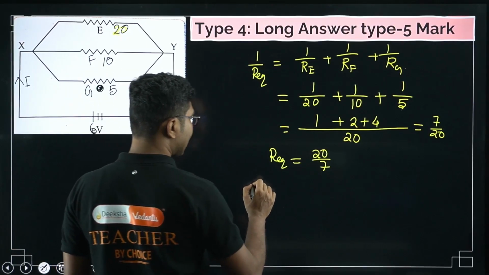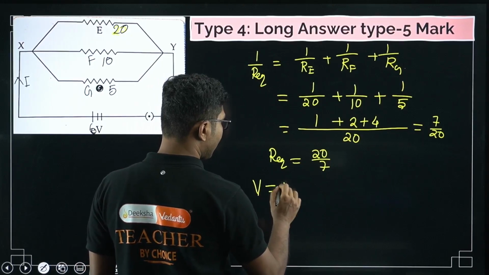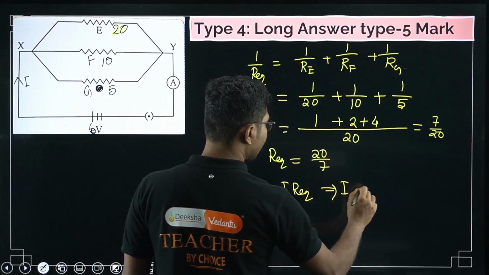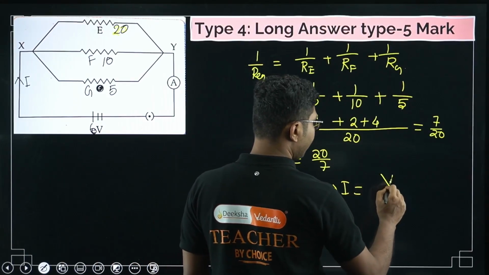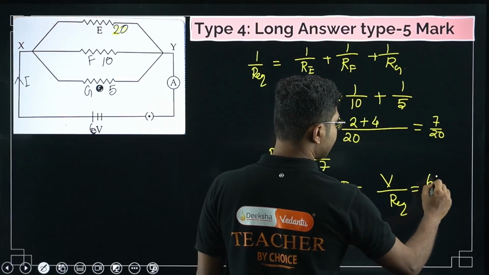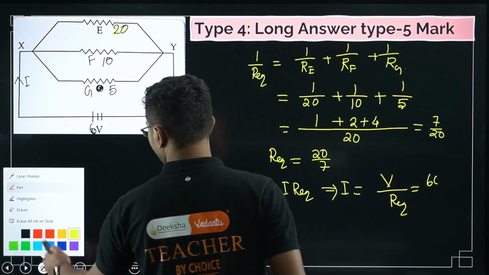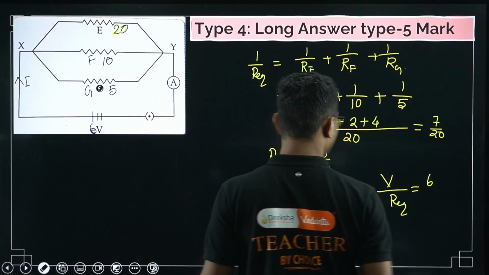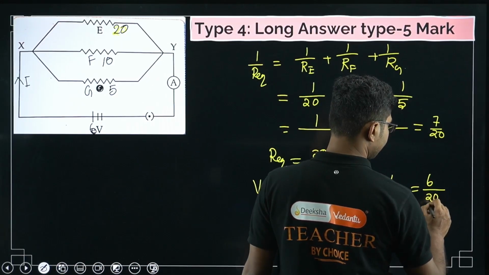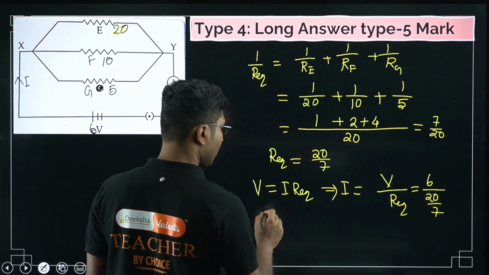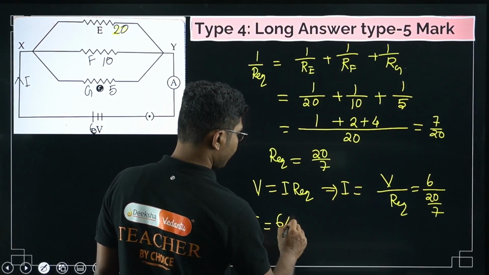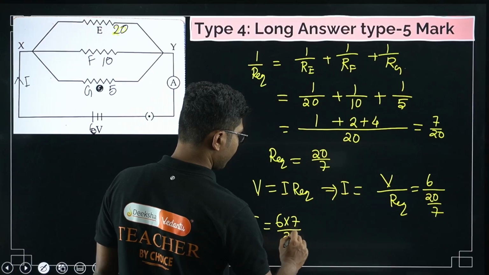Now what is the current? So V equals I REQ, or I equals V divided by REQ, or 6 divided by 20 by 7, or I equals 6 times 7 divided by 20.